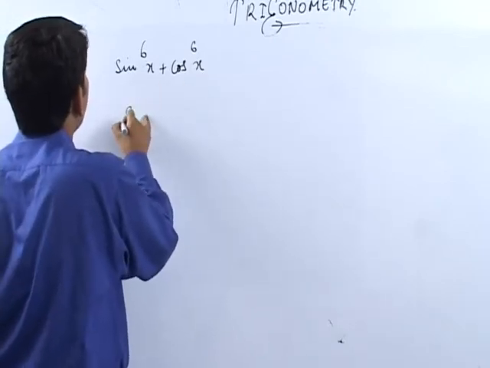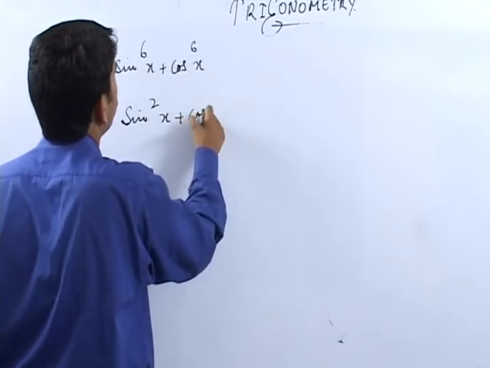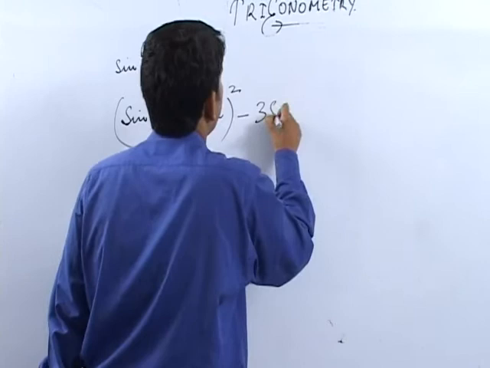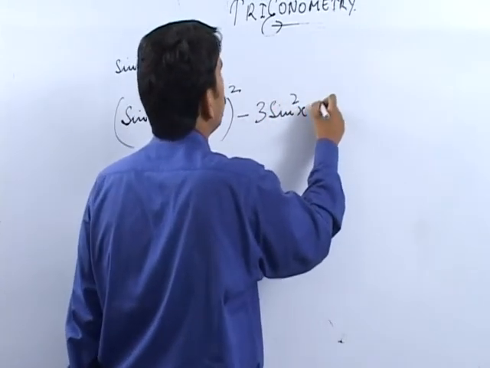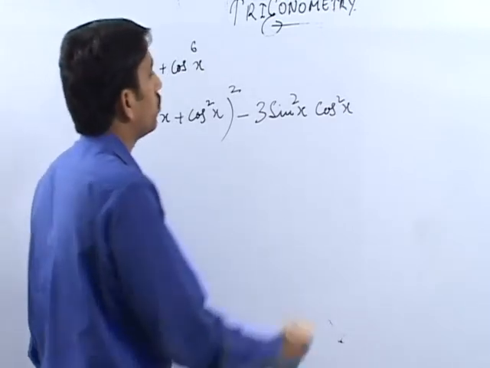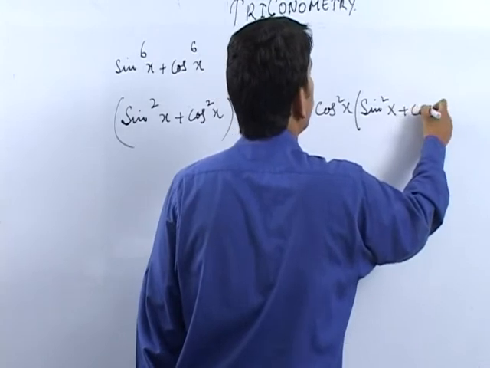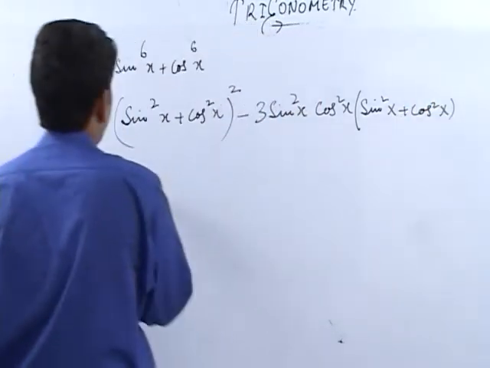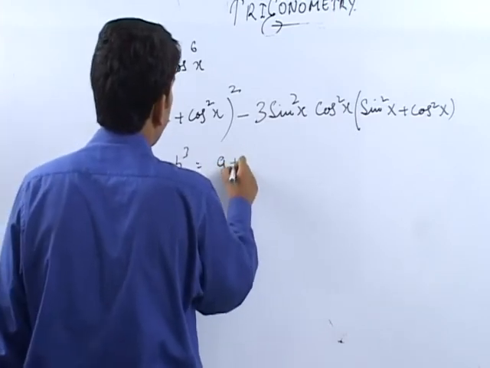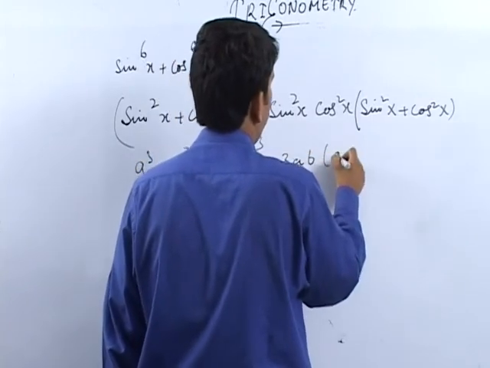To find its minimum value, first of all we will write it like sin square x plus cos square x, the whole cube, minus 3 sin square x cos square x into sin square x plus cos square x, because we know that a cube plus b cube is equal to a plus b, the whole cube minus 3ab into a plus b.